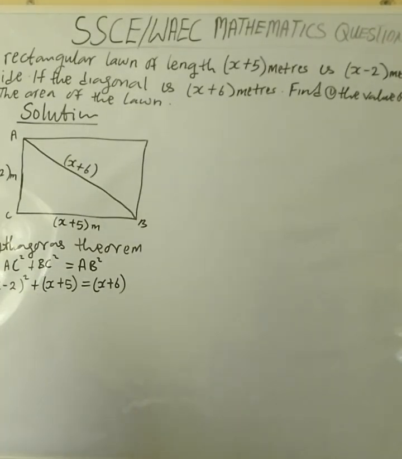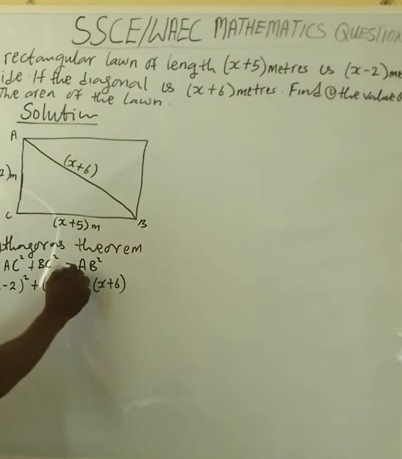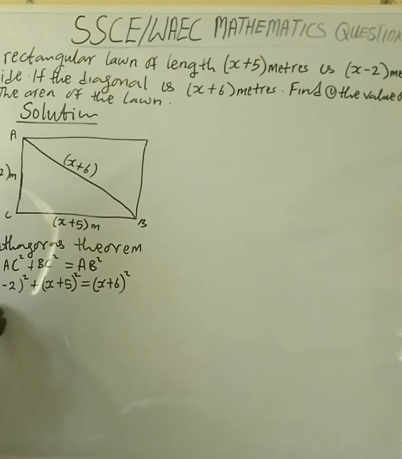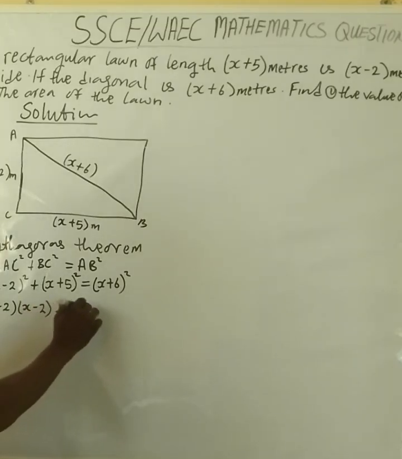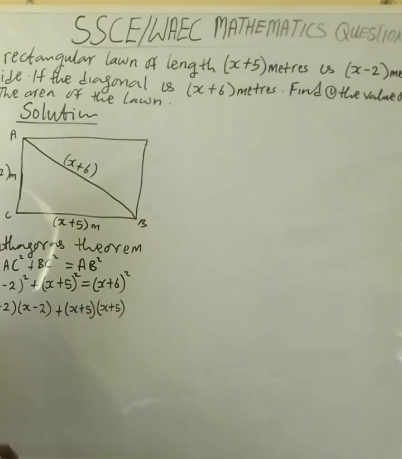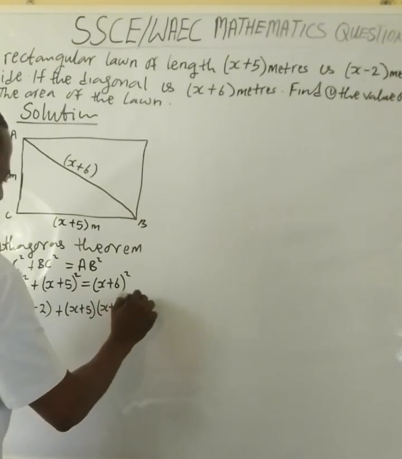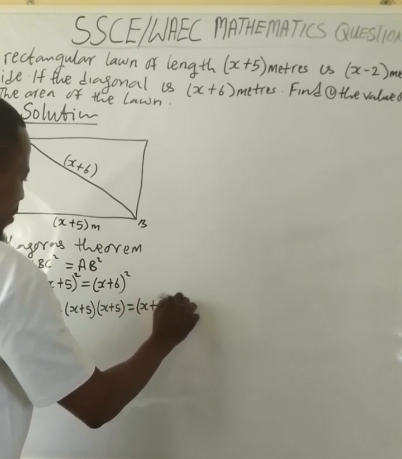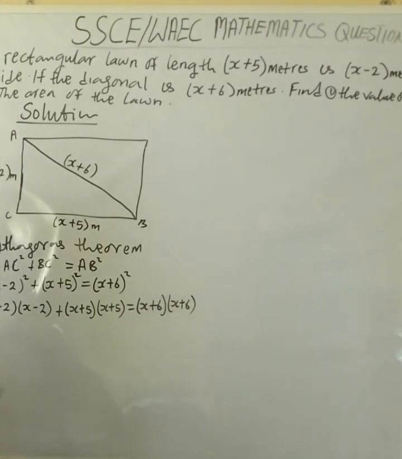As we now have it like that, the next thing we are going to do is to square it. Now x minus 2 squared means x minus 2 into x minus 2, plus x plus 5 into x plus 5, equals x plus 6 into x plus 6. So that's what they mean by square.